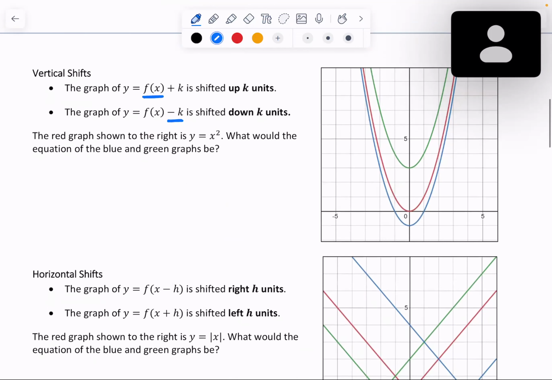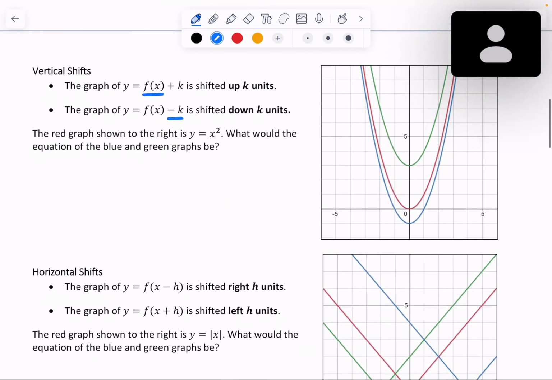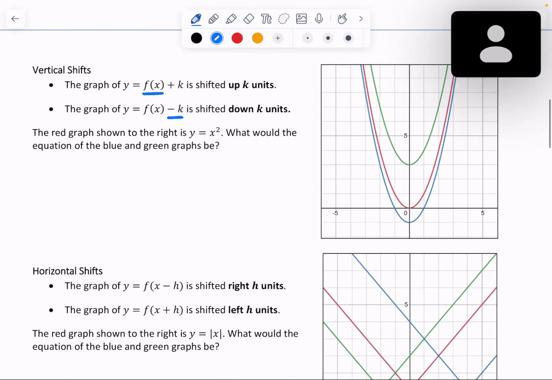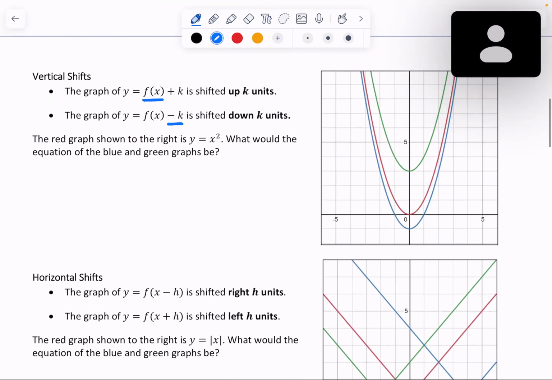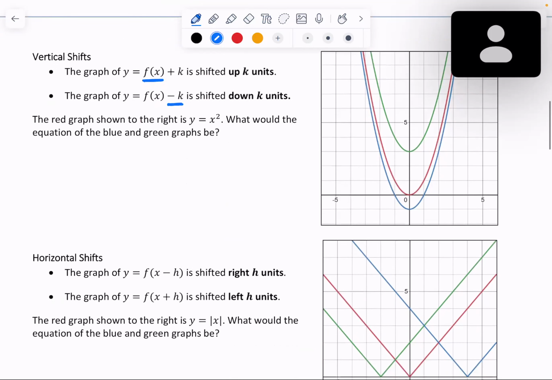So here, it gives an example where the original function f of x is x squared. One of these graphs shifts it up, one of them shifts it down. So let's look at the blue one first. Remember, it shifted it down 1 unit.